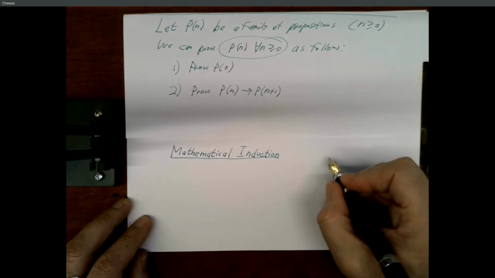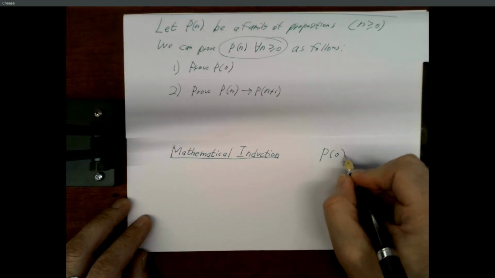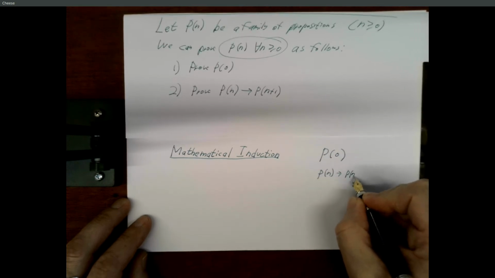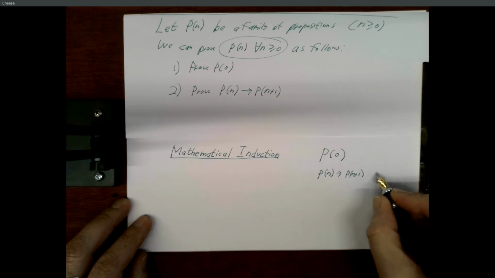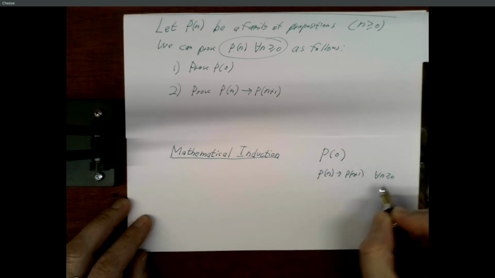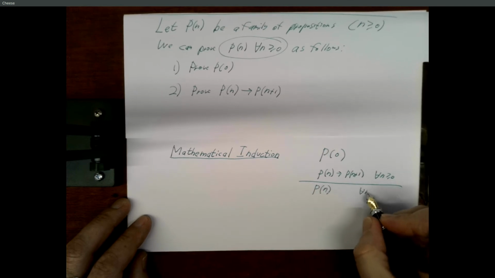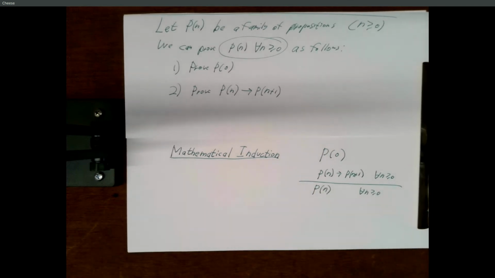Mathematical induction says the following. Given P of 0, given P of n implies P of n plus 1, for all n bigger than or equal to 0, we can conclude P of n for all n bigger than or equal to 0.